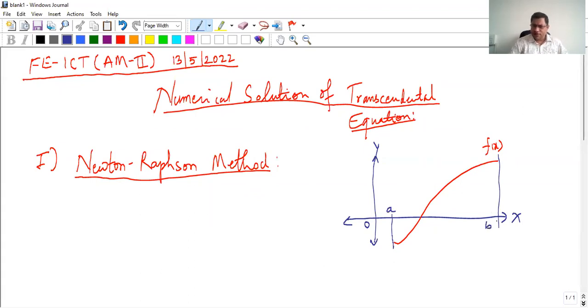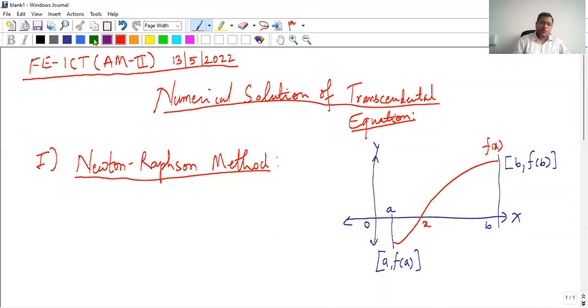This point is a, f of a, and this point is b, f of b. Our target is to find this x such that f will be 0.